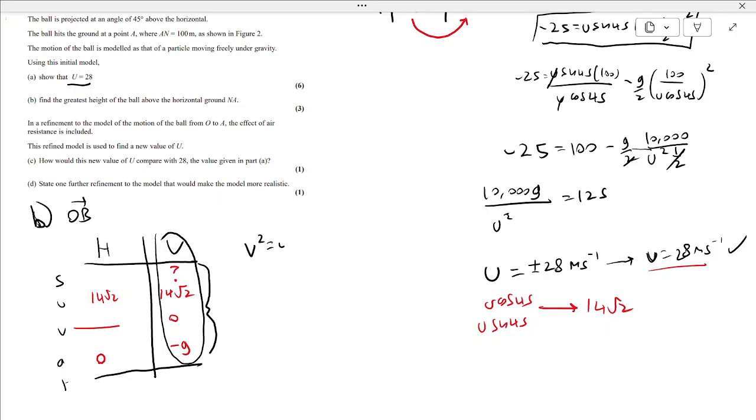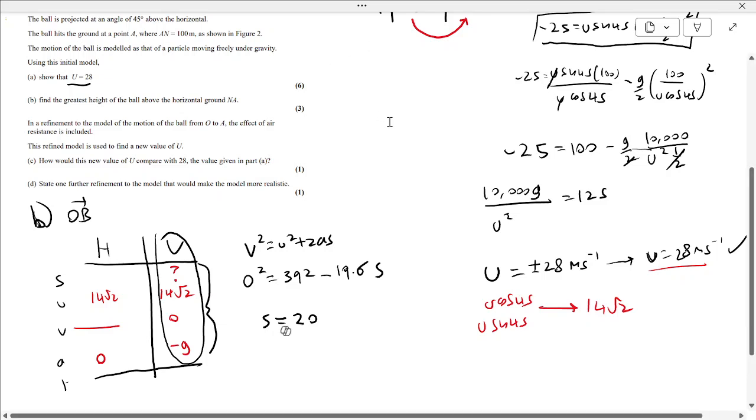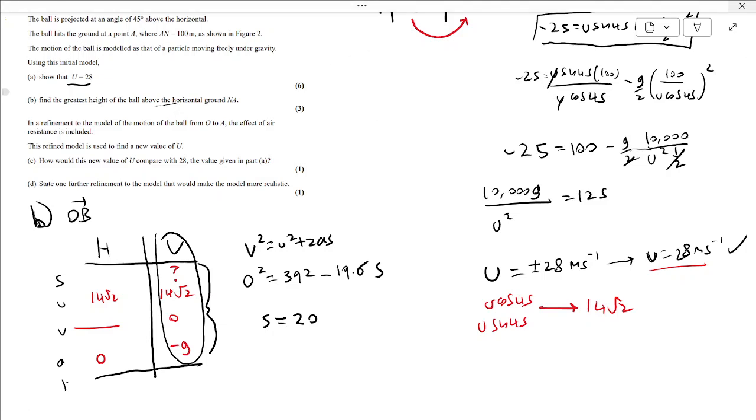That's v squared equals u squared plus 2as. 0 squared equals, now 14 root 2 squared is 196 times 2, so 392, plus 2a, well, that's minus 2g, so I'm going to put minus 19.6, and then s is my unknown that I actually want to solve for. If you do 392 divided by 19.6, you get s equals 20. Okay.